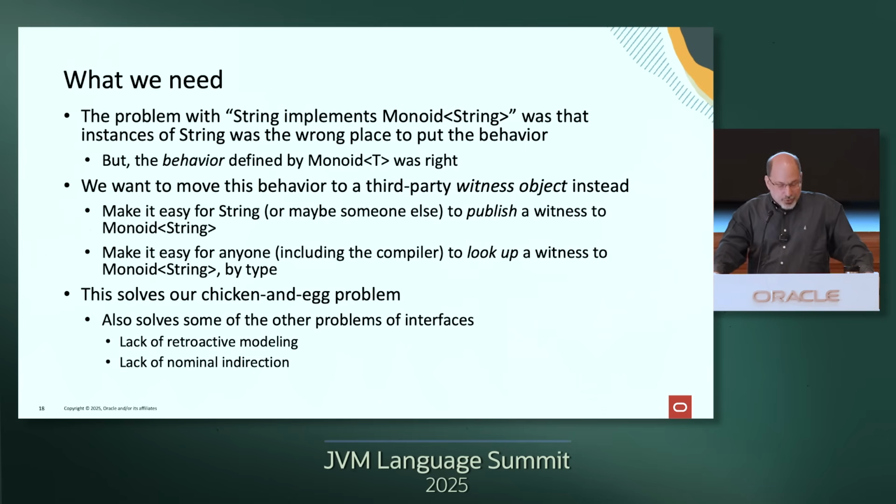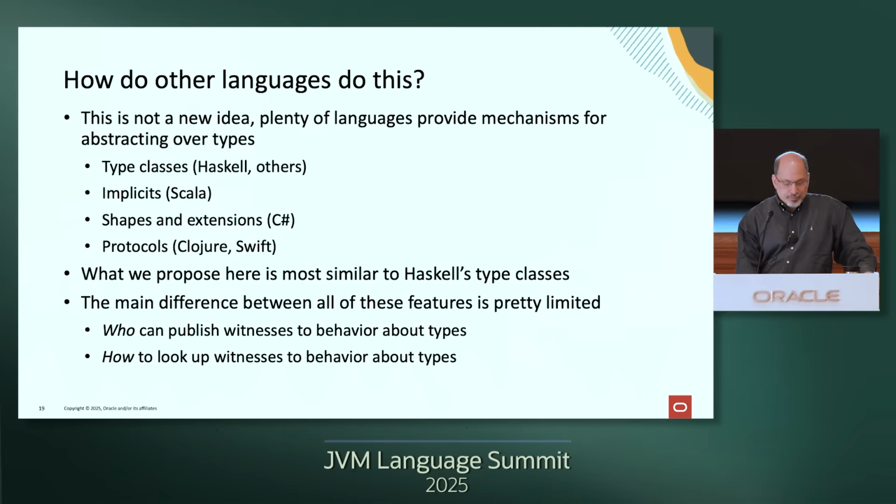And also make it easy for both humans and for compilers to say, okay, get me a witness to Monoid<String>. All right, get me the way that I add up strings through concatenation. And this extra level of indirection hopefully will solve our chicken and egg problem and some of the other problems that interfaces have, like the lack of retroactive modeling or nominal indirection.